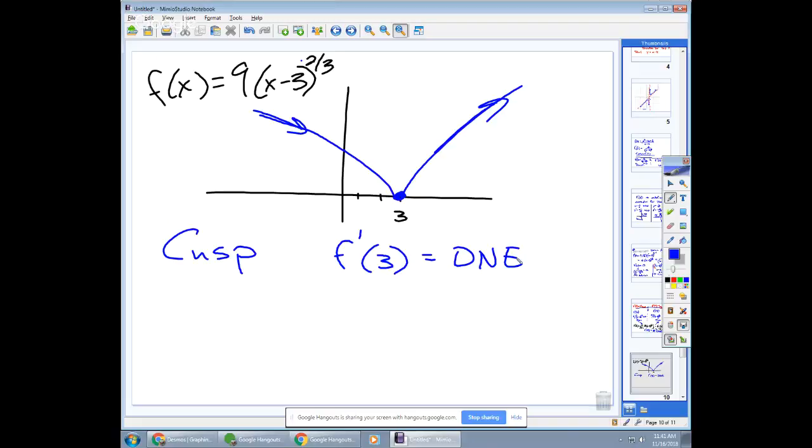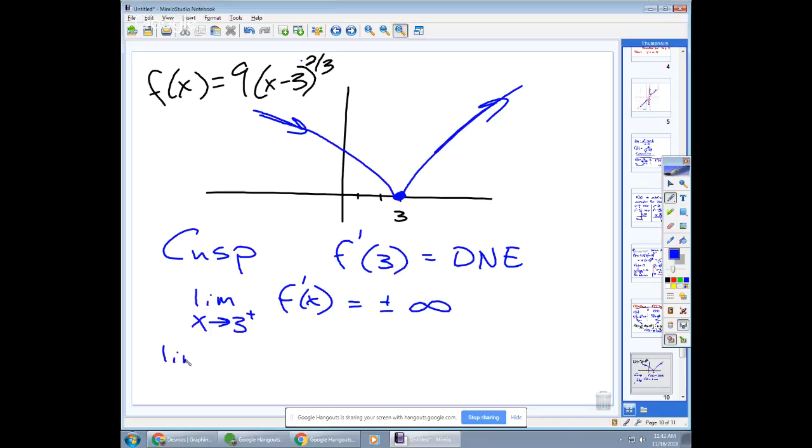The other thing that leads to a cusp is if the limit as x goes to that number from one side and the other of your function's derivative goes to plus or minus infinity. So the derivative gets infinitely steep there. Then we have what's called a cusp. So let's double check with our function. Is that supposed to be f of x or f prime? F prime of x. Yeah, the derivative function is what we're looking at.